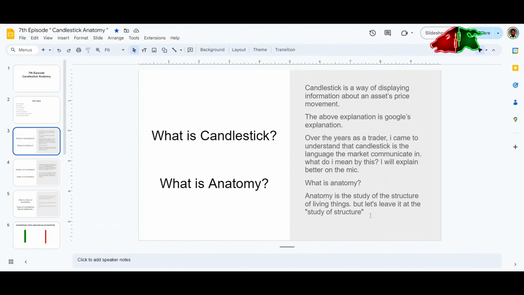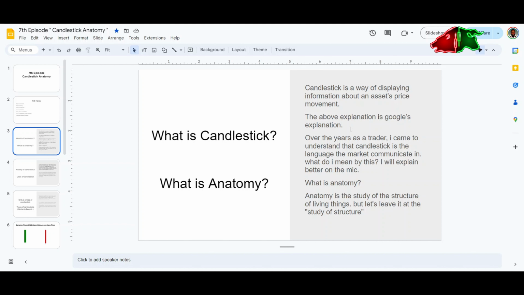So what is a candlestick pattern? I got this from Google: a candlestick is a way of displaying information about an asset's price movement. That is Google's explanation. I tried to gather another explanation so it won't be as if I'm always using my own terms to teach you.